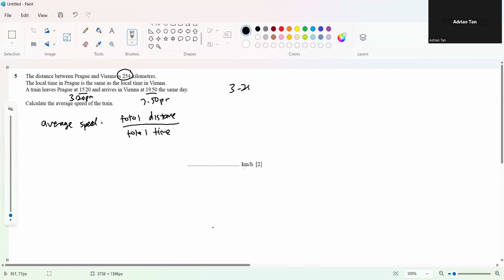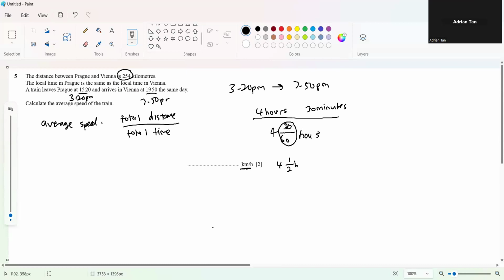From 3:30 p.m. to 7:50 p.m., without much calculation, we can tell that it takes 4 hours and 20 minutes. Now you have to be careful because the speed is in kilometers per hour, so we need to change the time to hours. It is 4 and 30 over 60 hours, because 1 hour is 60 minutes, which simplifies to 4 and 1 over 2 hours.